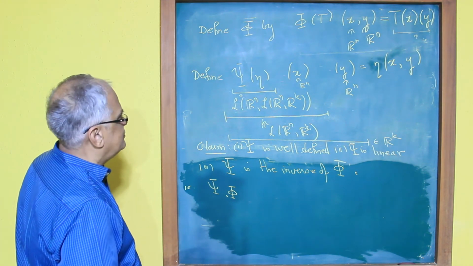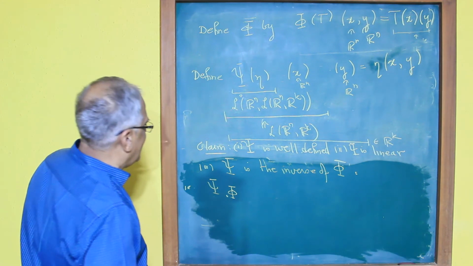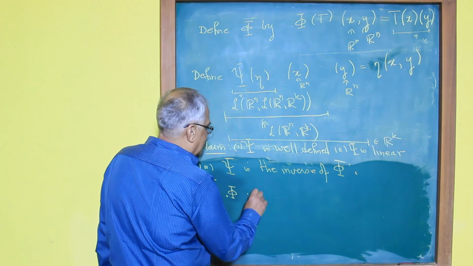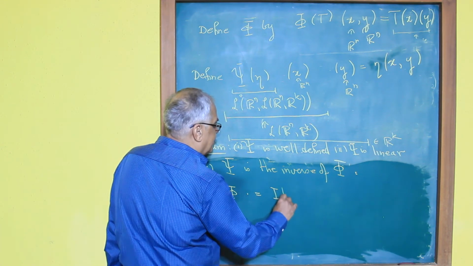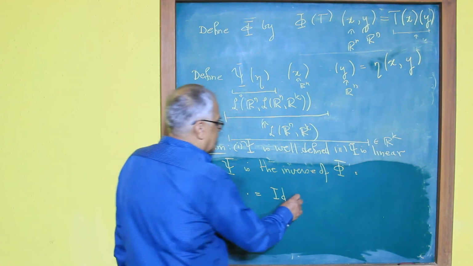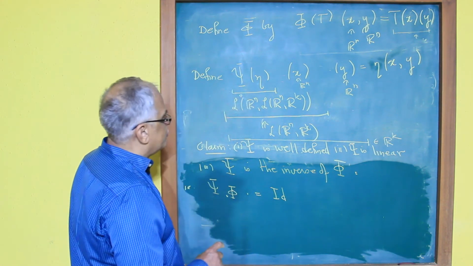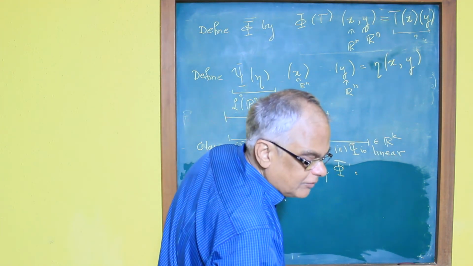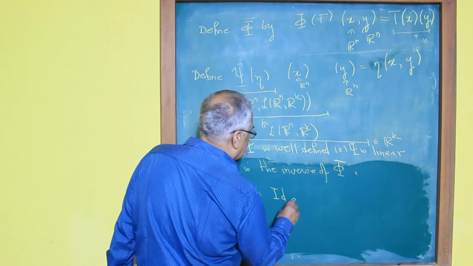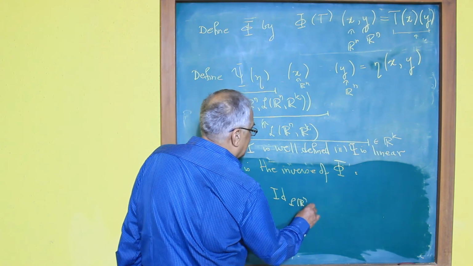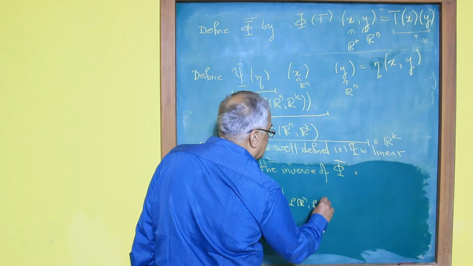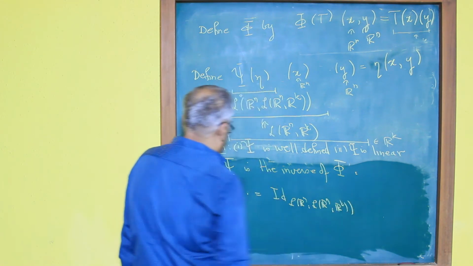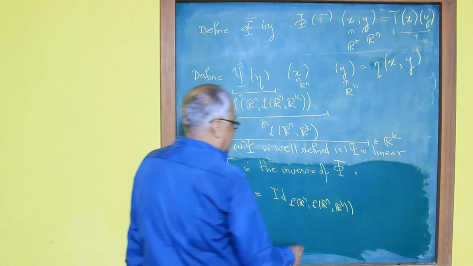Phi was going from, I think I've erased it, this quantity is equal to the identity. Which identity? The domain of phi, I hope I get this right, is L of Rn to L of Rn, Rk. This is the identity on this space.